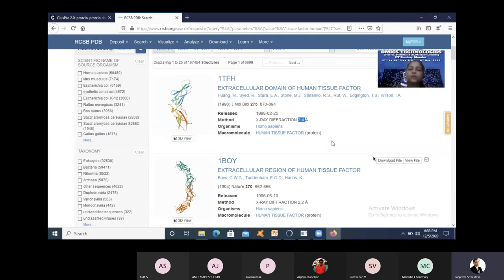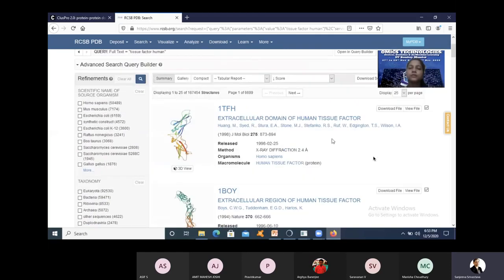If we are talking about mouse proteins, then we should take from Mus musculus. Also we should check the resolution. Here you can see that it has 2.4 Angstrom resolution, so it can be taken. But if it is like 3.2, we should always try to prefer less than 2.5.